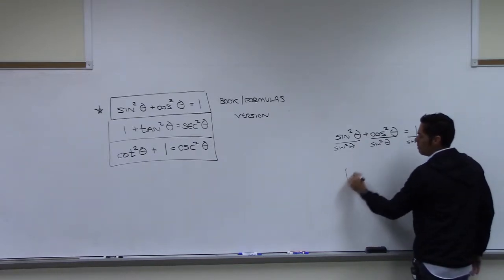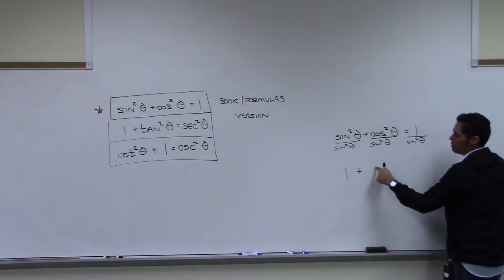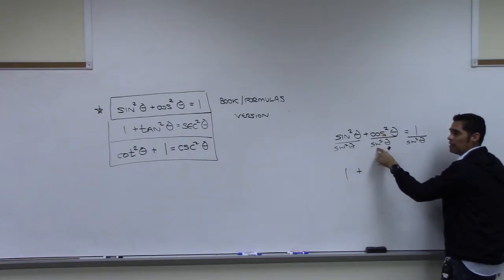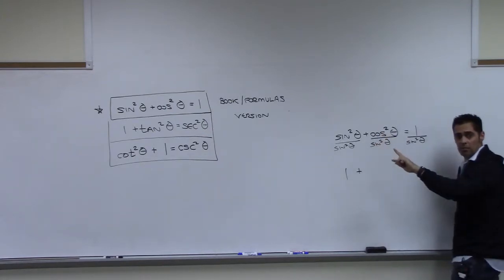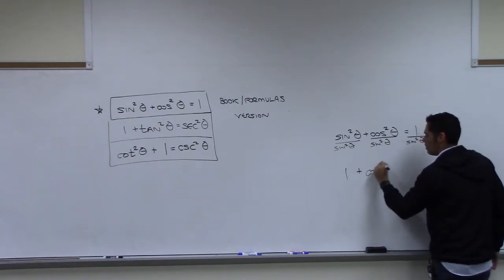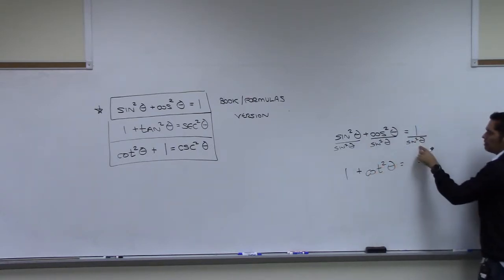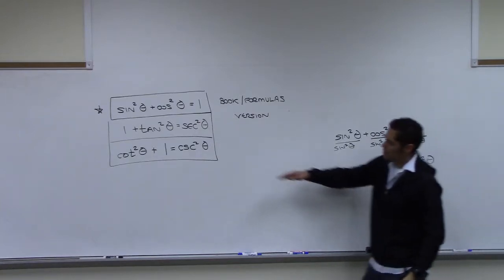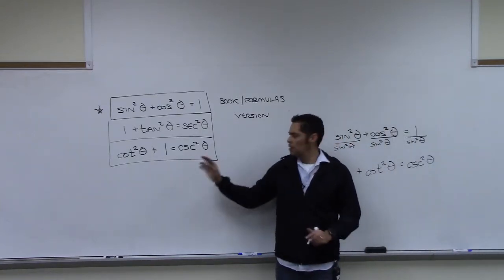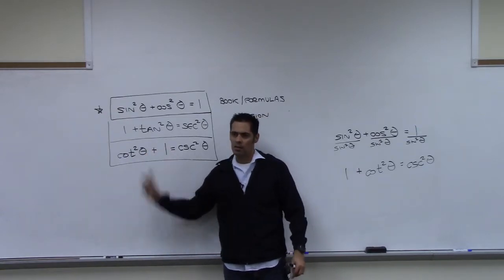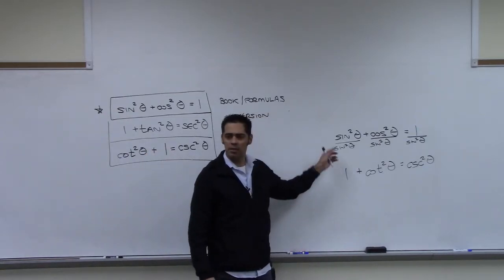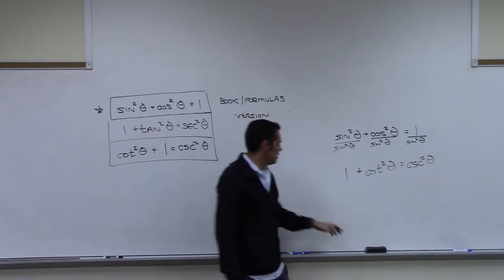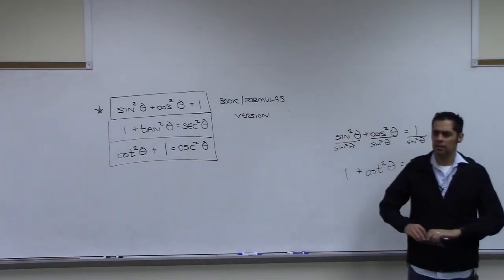Plus, what's this? Cosine over sine is tangent flipped, which is cotangent squared theta, and then what's 1 over sine? Cosecant. And that's this one right here, isn't it? It's changed, but do you see how I could come up with that formula just from this one? And then, are you sure you all see that? No?